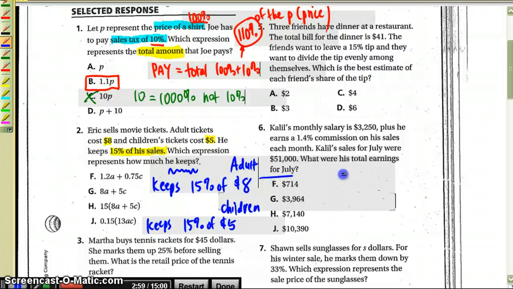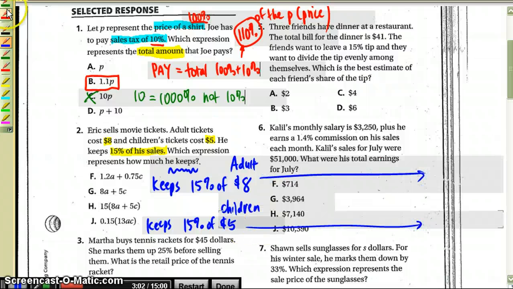So let's go over here and figure out how much he is going to be keeping of the $8 and how much will he keep of the $5, because as you look at your answers, there are trick answers there, like the letter G. G is not the answer because no, he does not get to take $8 times the adult tickets plus $5 times the children tickets. He's not going to keep all of it. That would mean that he gets to keep 100%. He only gets to keep 15%.